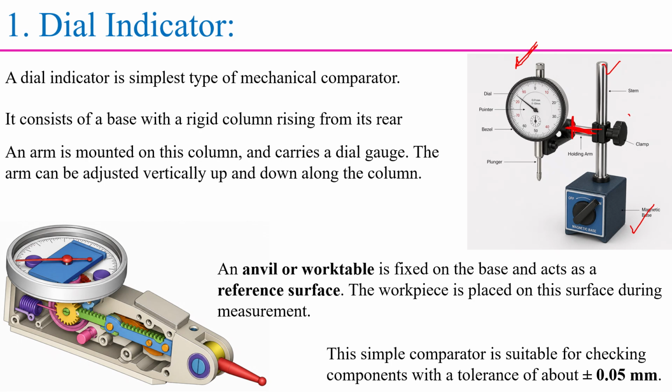The arm can be adjusted vertically, up and down along the column. Moreover, an anvil or work table is fixed on the base and acts as a reference surface. The workpiece is placed on this surface during the measurement. This simple comparator is suitable for checking components with a tolerance of about plus or minus 0.05 mm.